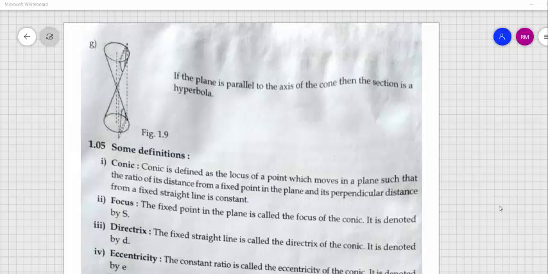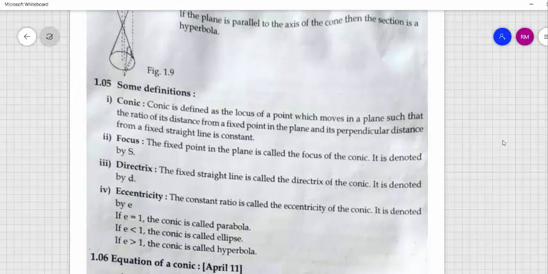Now, some definitions. A conic is defined as the locus of a point which moves in a plane such that the ratio of its distance from a fixed point in the plane and its perpendicular distance from a fixed line is constant. Note that the locus of a point is the collection of all points moving along a particular path.